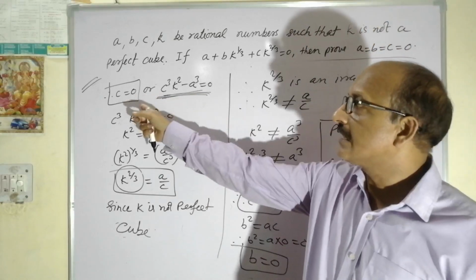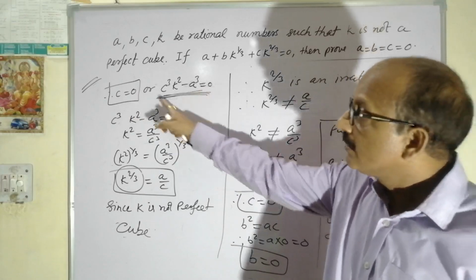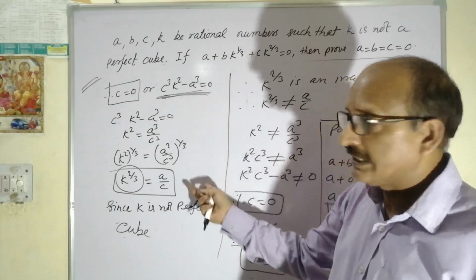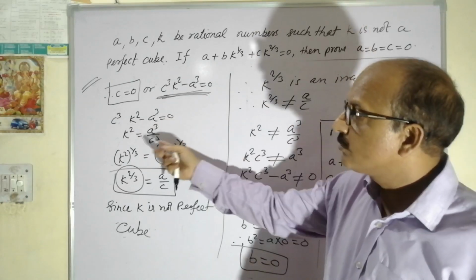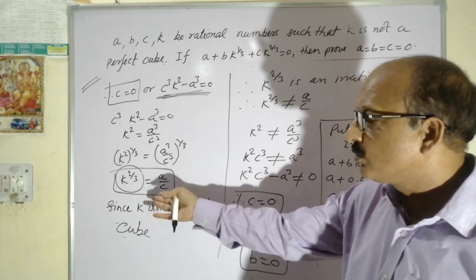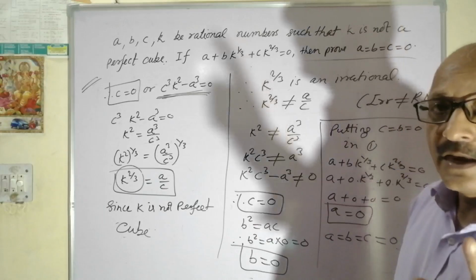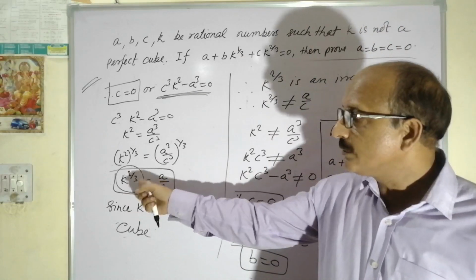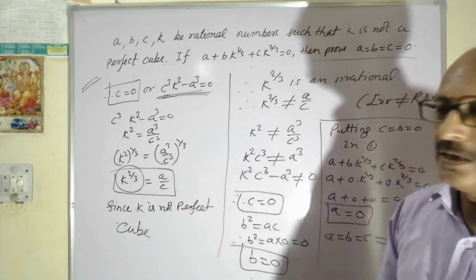When we have c equal to 0, and either this is 0 or that is 0, then if this is 0, there is no problem at all. When the other is 0, we have to check logically. Then c^3 k^2 minus a^3 is equal to 0, and we get the value of k^(2/3). K^(2/3) is an irrational number because k is not a perfect cube, whereas the right-hand side is rational.